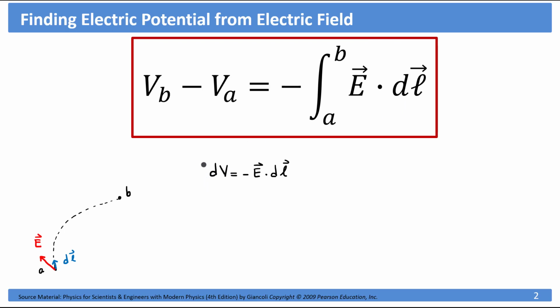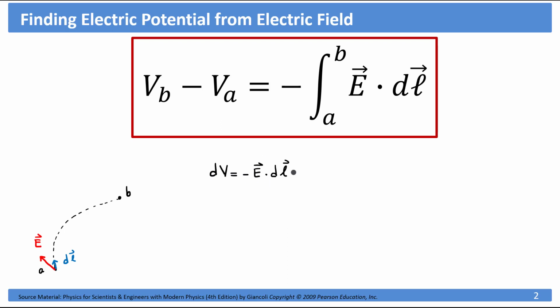Now before I go ahead and apply this to solving problems, I want to point out a couple of things that we can conclude from this expression. The first one is, if you move in the same direction as the electric field, meaning the dl vector and the electric field are in the same direction, the change in the electric potential will be negative because the scalar product will be positive, but since you have a negative sign here, you will have a negative change in electric potential, which means if you move in the direction of the electric field, you will see a decrease in electric potential.